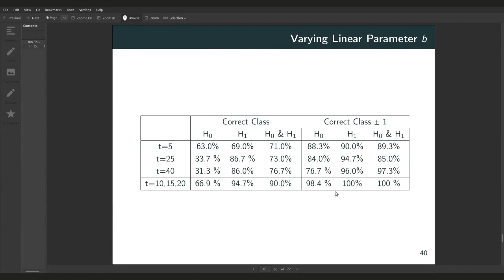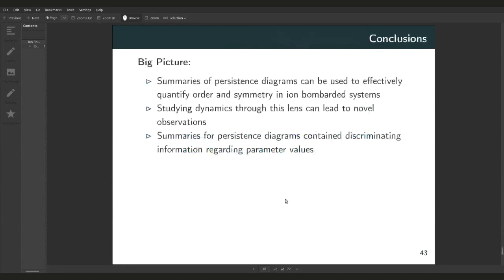This ends up being a really useful classifier. We end up with surprisingly high accuracy for the problem, and if we look at how things are misclassified, we're actually getting close to the mark most of the time. We can also do this with nonlinear parameters. I'm going to skip through that, but it gives kind of the same results.